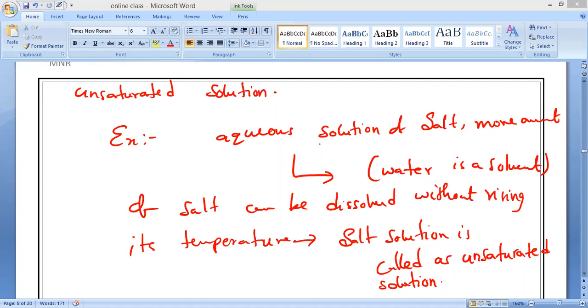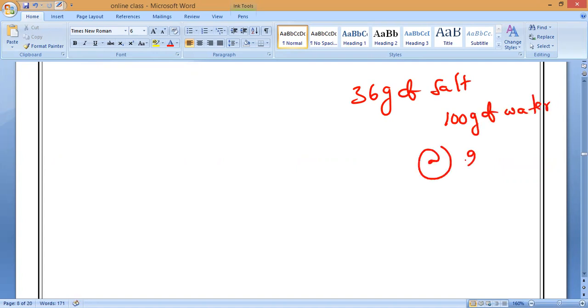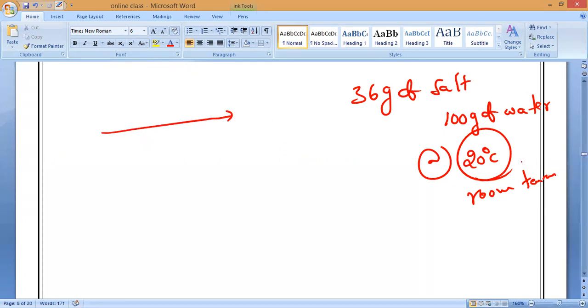Understand, Mitakshari? For example, we can dissolve a maximum of 36 grams of salt in 100 grams of water at 20 degrees Celsius, that is, at room temperature. But it keeps on increasing without changing temperature.